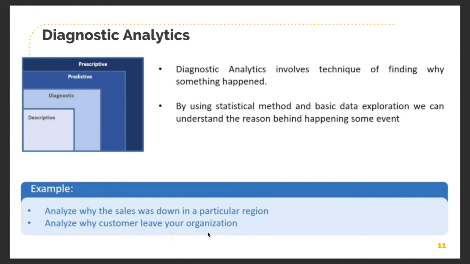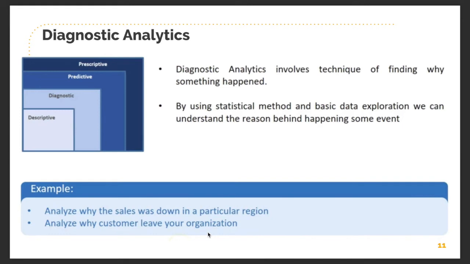Thereafter, if you go one level down and think about why it happened in the past, then it's called diagnostic analytics. It involves the technique of answering why it happened. By using statistical methods and basic data exploration, we can understand the reason why that event happened.